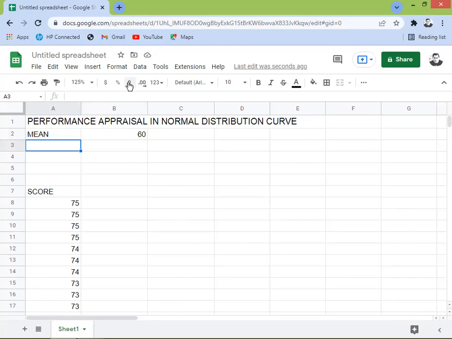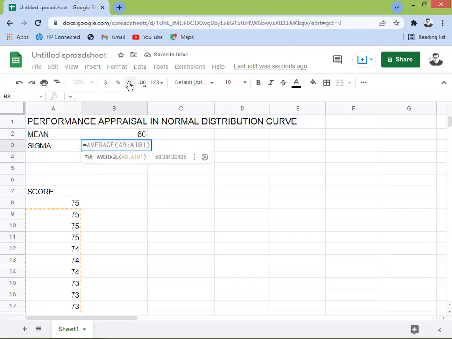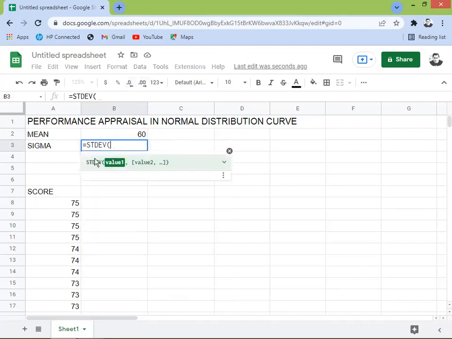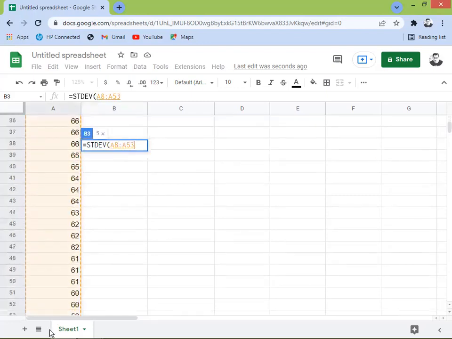And then we're gonna get the standard deviation number. Okay, so that's sigma, standard deviation. What we need in our formula is the standard deviation, STDEV. Just click this one, STDEV. Then again, get the range, the sample that we got for our appraisal score.